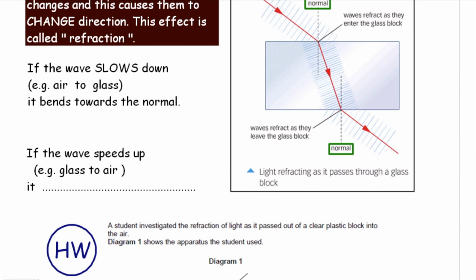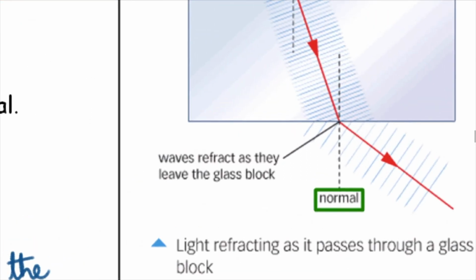If the wave slows down, air to glass, it bends towards the normal. If the wave speeds up, it bends away from the normal, or refracts away from the normal. I showed you that a few moments ago. It's happening here.